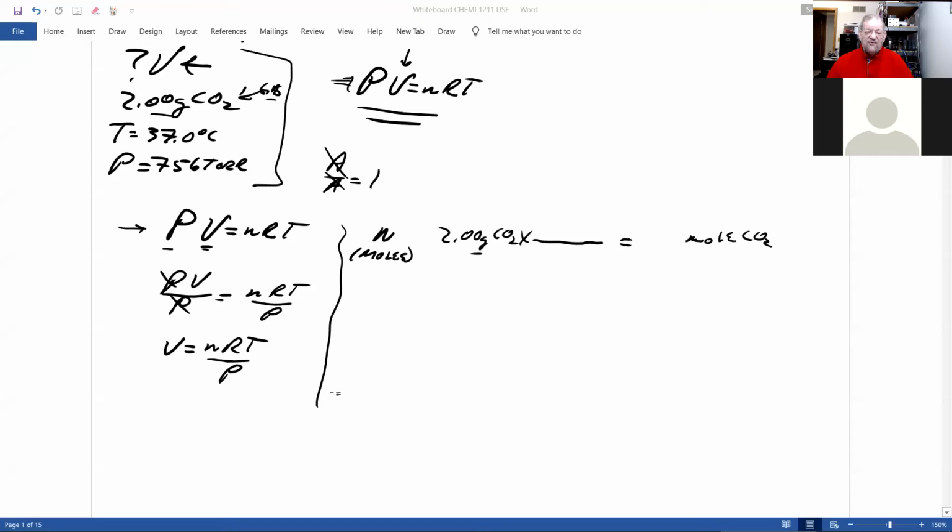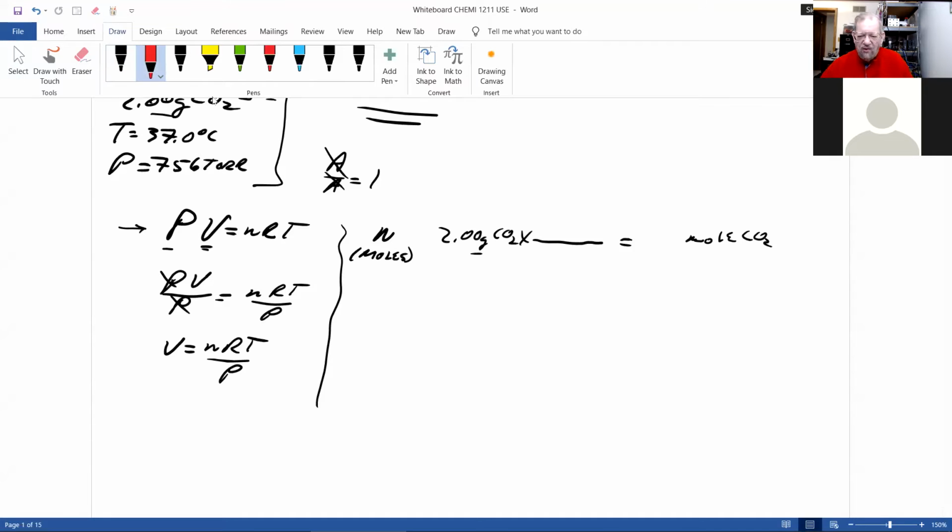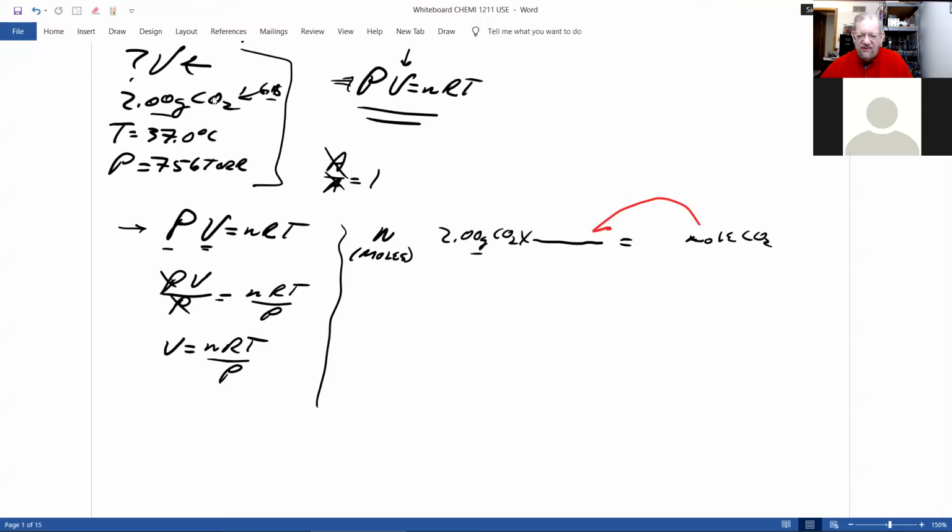All right, so it's time to use your good buddy, your good friend, unit analysis. I love doing that. And how do we do that? Whatever we're trying to get to goes on top of the ratio unit-wise. Whatever we're trying to get rid of goes underneath.